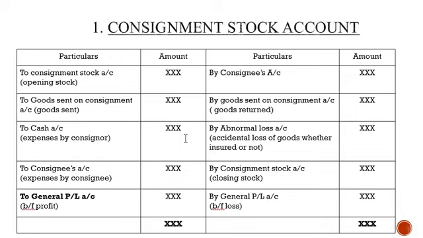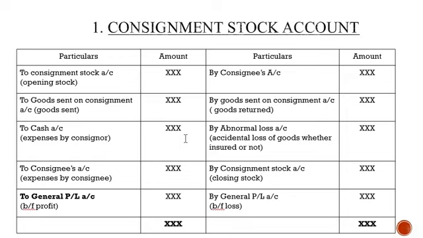So this account is basically like the profit and loss account that we prepare, and you get to know what is the amount of profit or loss made. So let's read out how we prepare the consignment stock account. To the debit side, you have: to consignment stock account, in brackets opening stock.